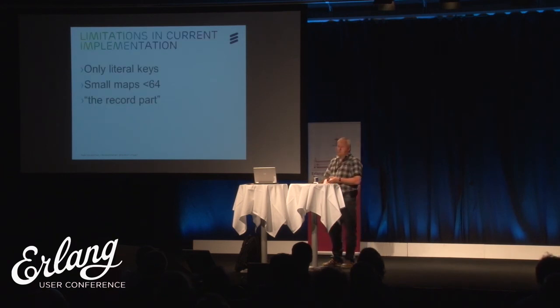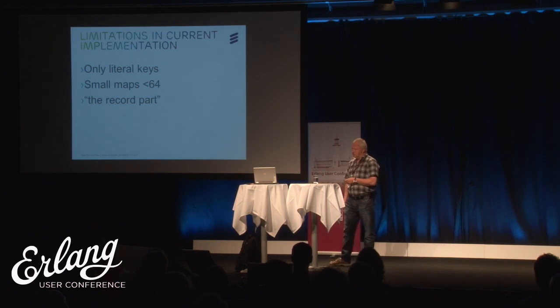So now, the current implementation in OTP, only 17.0. We have maps supporting only literal keys. It is the small maps implementation with keys less than 64.